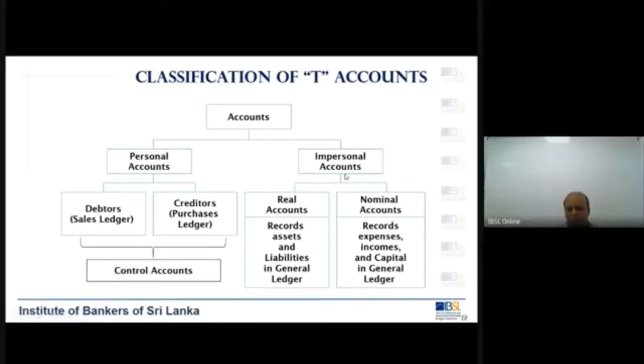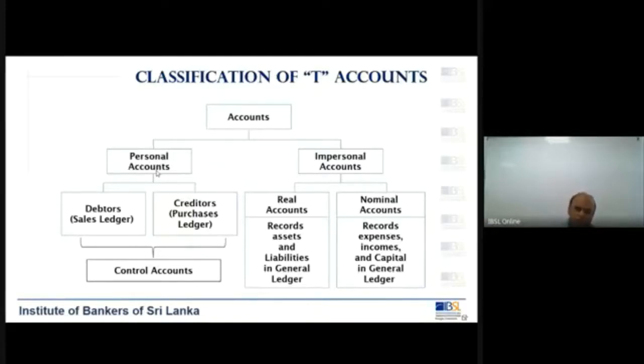Now you have an idea that a personal account relates to individual business transactions, where you have to do a transaction with one particular named person or a named business. You can sell products to an individual or to a company.